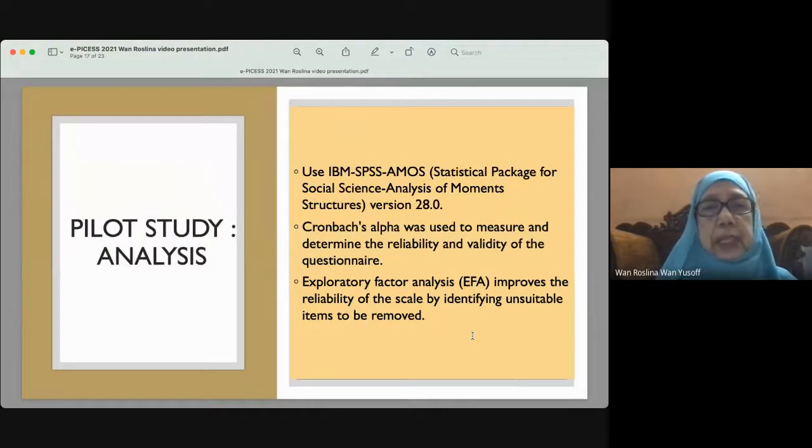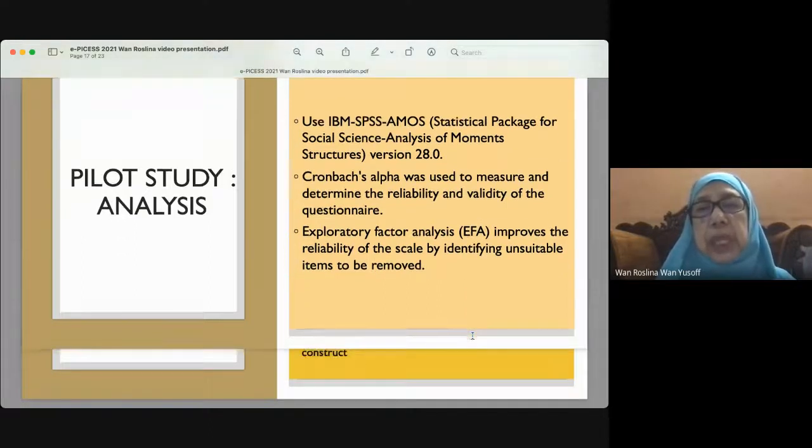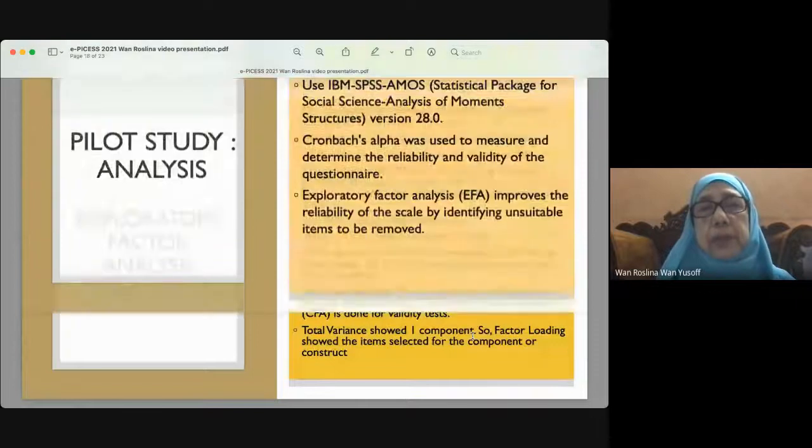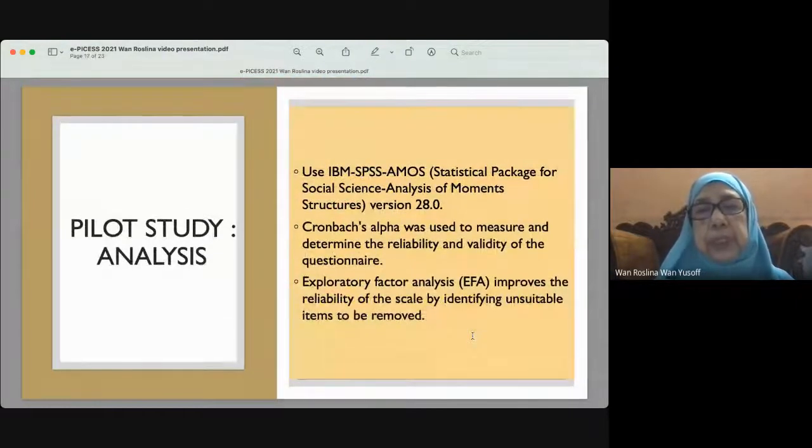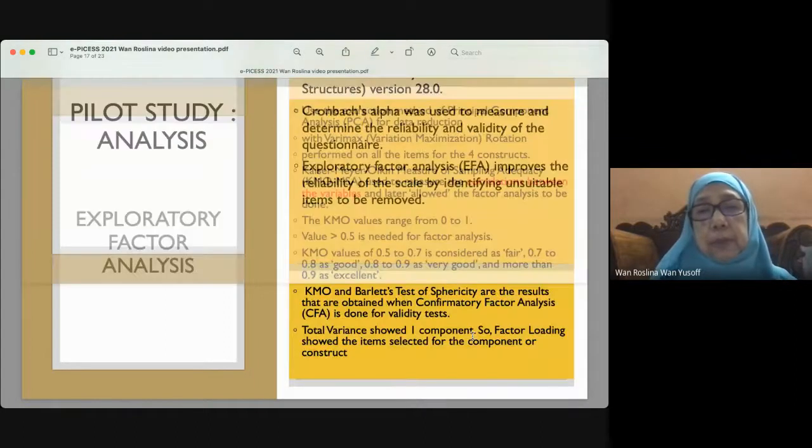For the pilot study analysis, SPSS version 28.0 was used. Cronbach's alpha was used to measure the reliability of the questionnaire. EFA was used to improve the reliability of the scale and to identify unsuitable items to be removed.